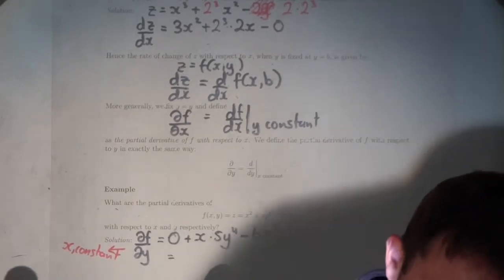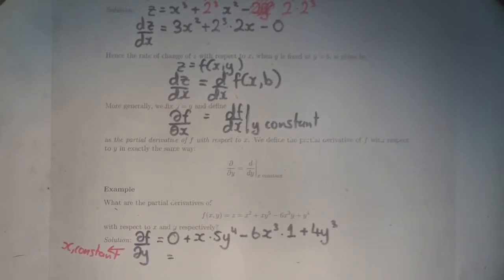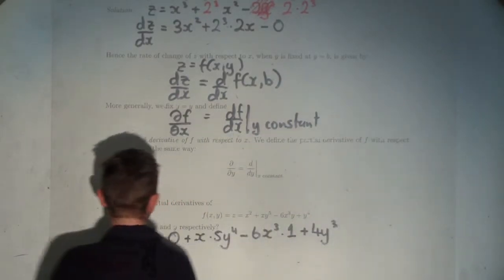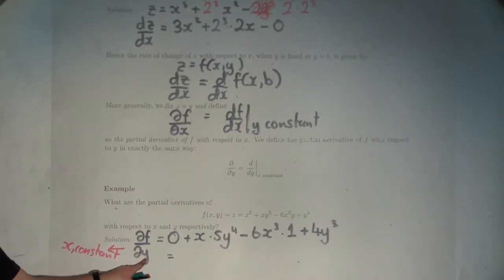So I got, now, there's no particular reason why we write the x and then the y, it's just a convention. How come you decided that the x is the constant? Because I'm finding the derivative with respect to y. Okay, right. We're going to do the other one in a second, the other way around.